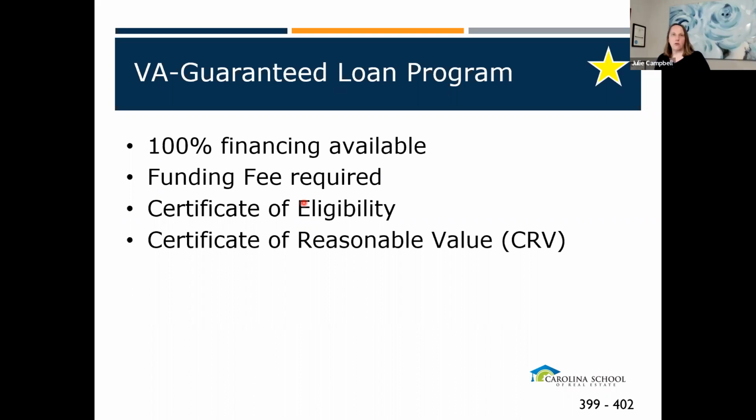The vet can only have one certificate of eligibility out there at a time. So if you have a VA loan and you want to buy another home, you're not going to be able to do it with a VA loan because you can only have one certificate of eligibility. You pay this one off, you can qualify for a different certificate of eligibility. But you only get one at a time.